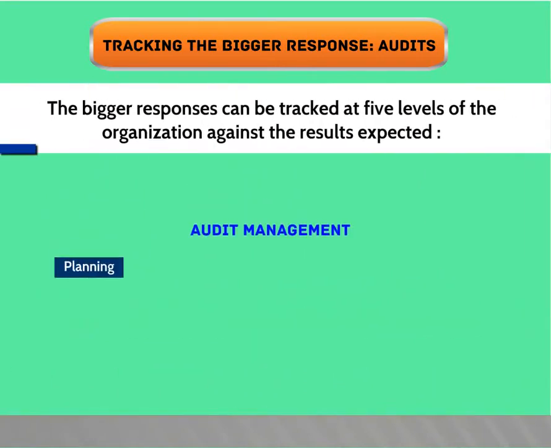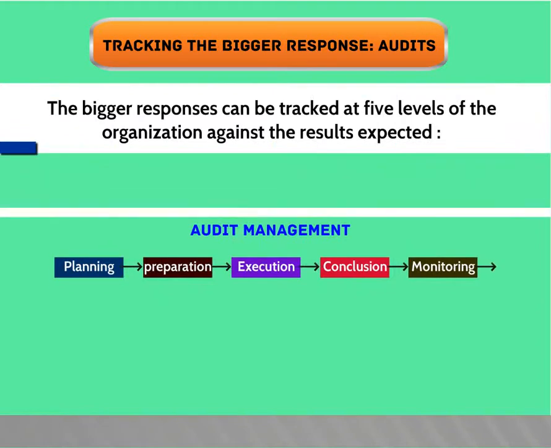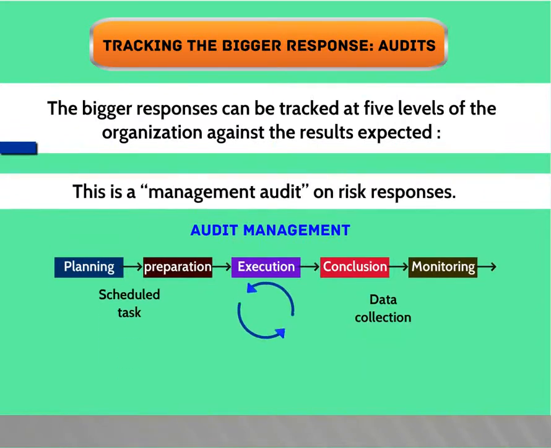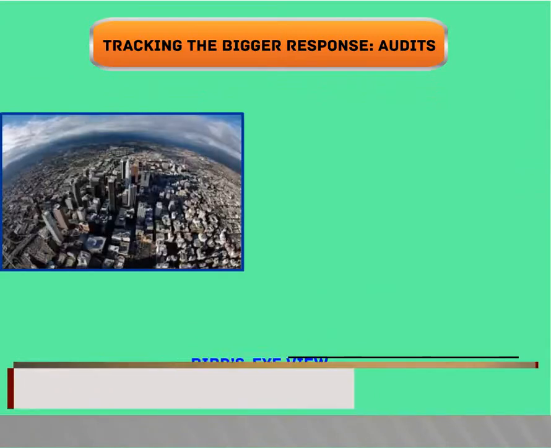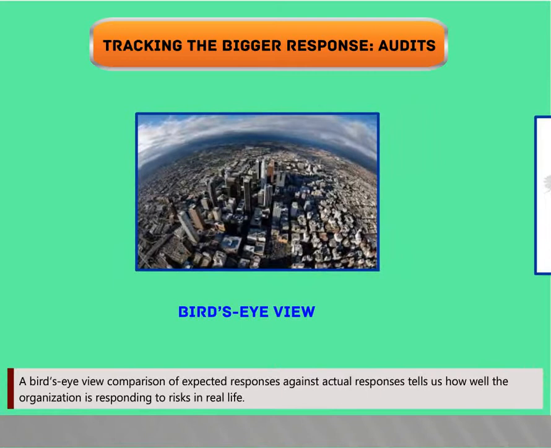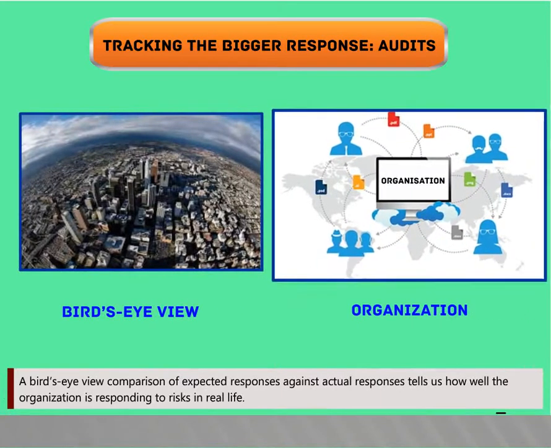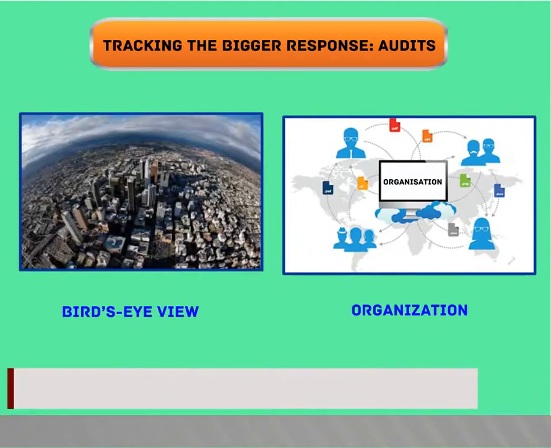The bigger responses can be tracked at 5 levels of the organization against the results expected. This is a management audit on risk responses. A bird's eye view comparison of expected responses against actual responses tells us how well the organization is responding to risks in real life.